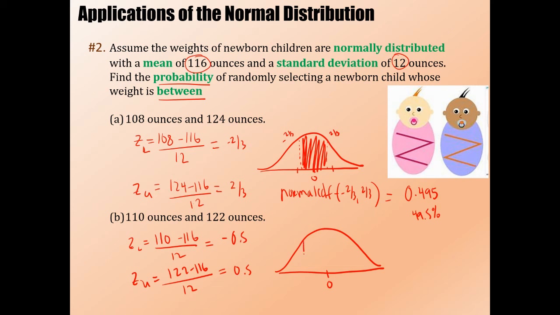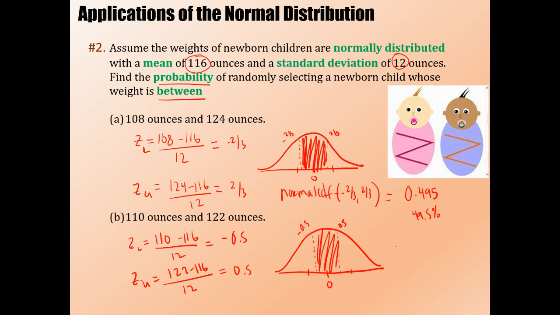Here's 0, here's -1 and 1. So negative 0.5 and 0.5.